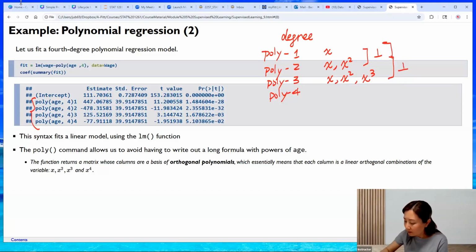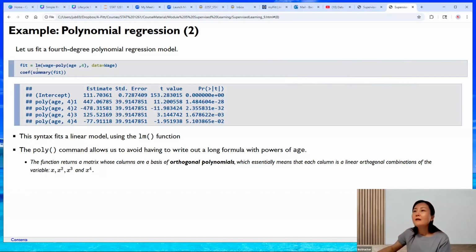And the last one will be a linear combination of all of the 4 terms. Because all of these terms are based on x itself, naturally they are correlated. But this poly function will automatically create basis functions of these 4 terms so that these 4 polynomial bases will be orthogonal with each other.